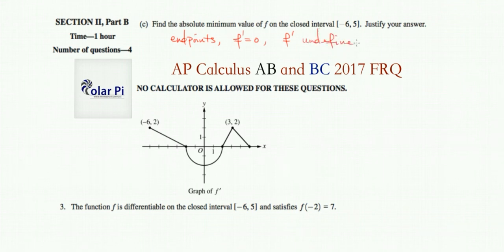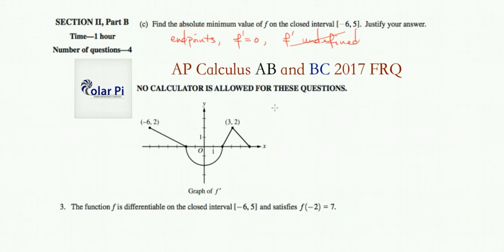Now, we know that there are no places where f prime is undefined, right? F prime is defined everywhere. So we can rule this out. So we can just concentrate on the endpoints and where f prime is equal to 0.